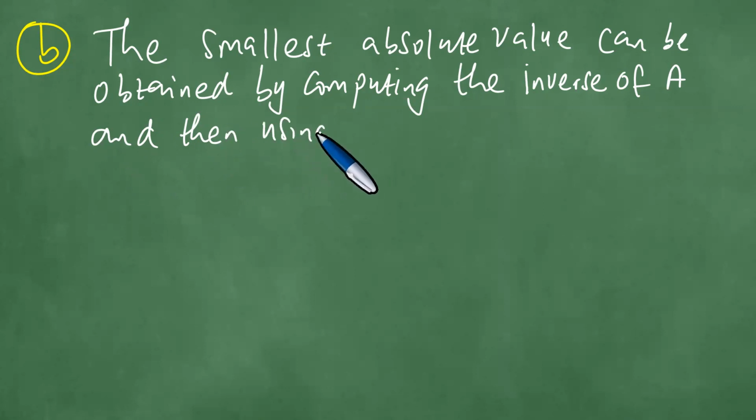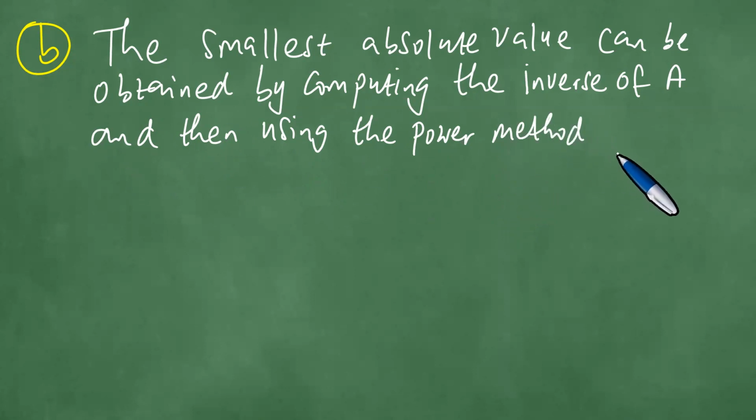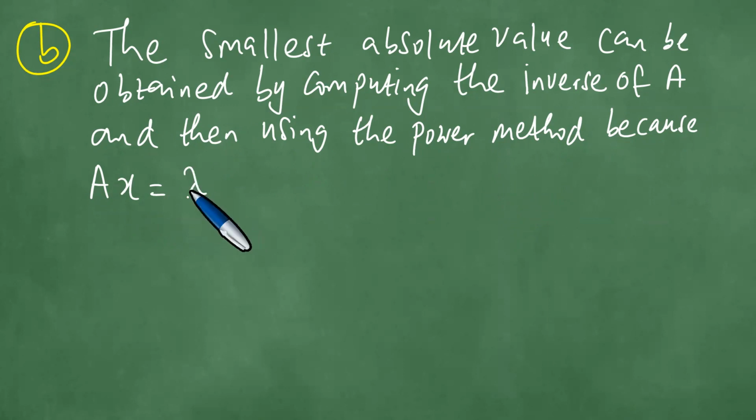using the power method. Because why does it work to compute the inverse and then using the power method? Well, because we reason together that Ax equals lambda x is the eigenvalue problem that we study.